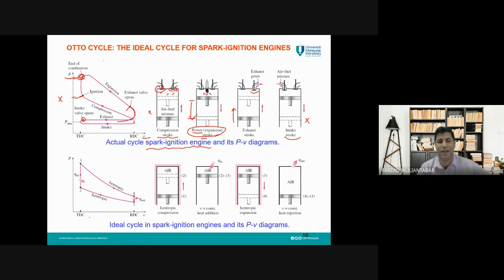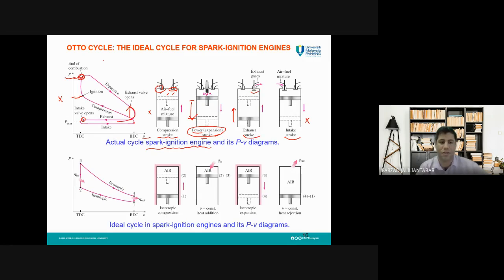suggested another cycle, an ideal cycle, which is called the Otto cycle, to illustrate the PV diagram for combustion in SI engines. As you can see in this PV diagram, it is assumed that we have a constant volume process from state 4 to 1, which is the exhaust stroke.